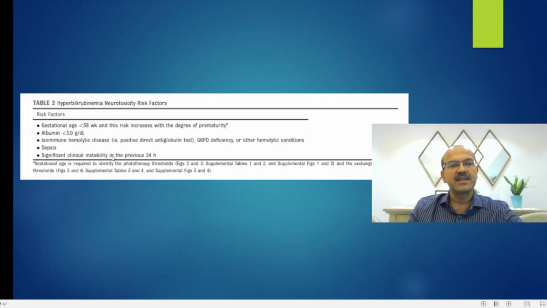If it is a significant instability in the previous 24 hours, you need to treat with caution. So the neurotoxicity risk factors have also been modified from the previous guideline. The approach to measuring albumin is if your bilirubin is going high and you are coming close to treatment level, it's recommended as a workup for measuring, and then when you go to escalation of care, it becomes one of the important criteria as well.